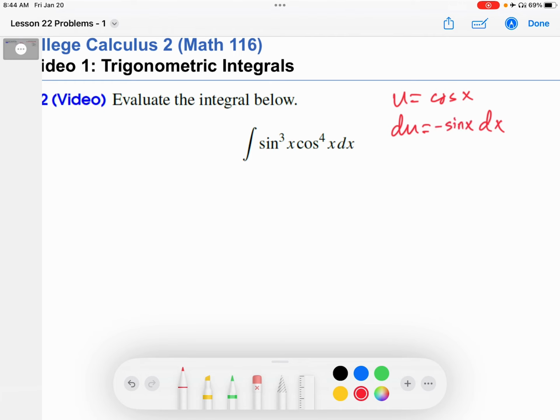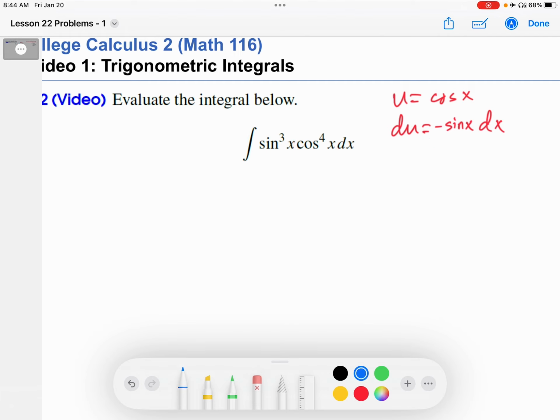If we did this, this term right here would become u to the fourth. So we'd be on our way to solving this. The problem is that the term that's left over is sine cubed x. I can't relate that to du, right? If I cubed the whole thing, what am I getting? dx cubed? That's not a thing we've worked with in calculus. So u-substitution is a good idea to start off with, but it just doesn't work.